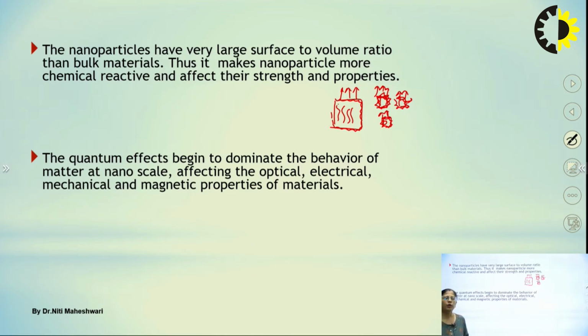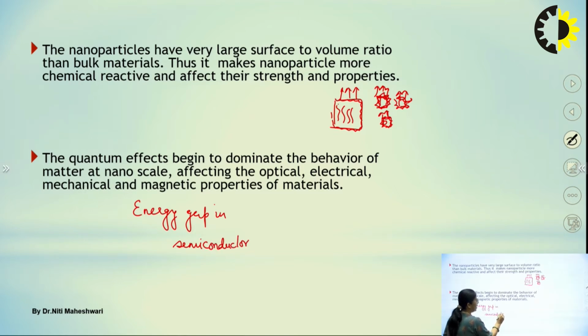Now, we all know that the energy gap in a semiconductor is proportional to the inverse of the square of its size. That means when we break down the particle to a small size, the energy gap between the valence and the conduction bands starts increasing.